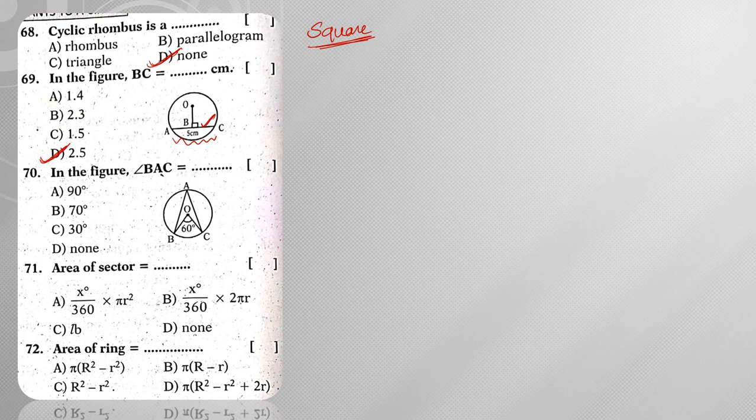Next, in the figure, angle BAC is equal to? It's asking you to find angle BAC. At the center the angle is 60 degrees, so on the circumference the angle will be half of it. Half of 60 degrees is 30 degrees.